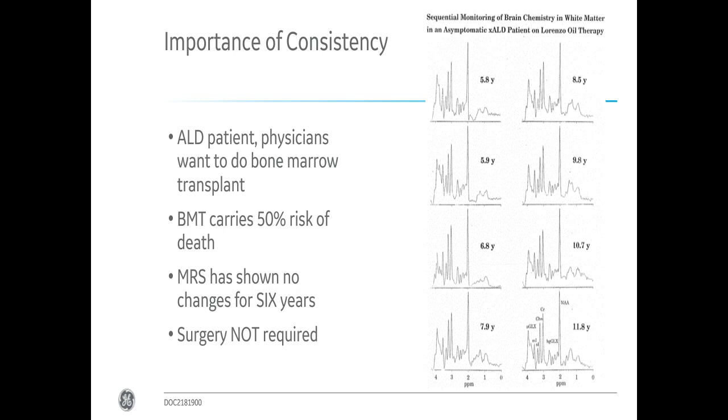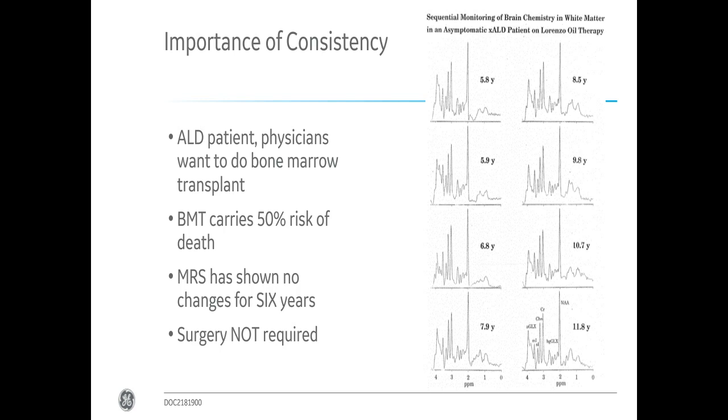Only if there are changes, then they wanted to stop the therapy and go for bone marrow transplant, which in itself carries a high risk. So therefore, they started acquiring spectra over a period from 5.8 years of age to about 6 years later, 11.8 years.